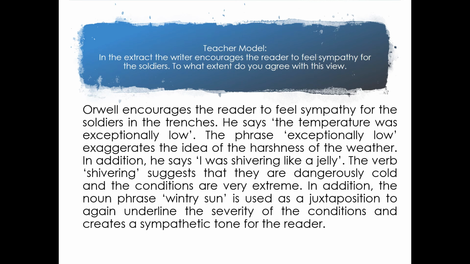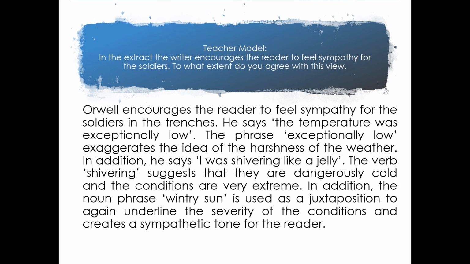Now I would like you to have a go at completing your paragraph, going back to the extract, looking at any other words that you think would encourage the reader to feel sympathy for the soldiers. Remember, as I said, it's an evaluation, so you have to give your personal response to the text.